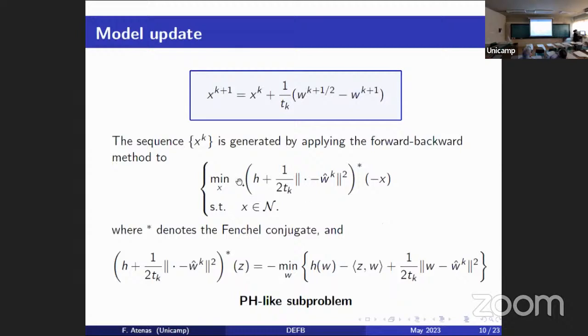And a good thing about this is that the conjugate function at this point here can be written in this way. And if we look closely, this has the progressive hedging form for subproblems. So here, for example, with z equals minus xk, we actually have the problem that we solve in each iteration of our method. So in principle, we are not solving an extra problem, at least in this setting.